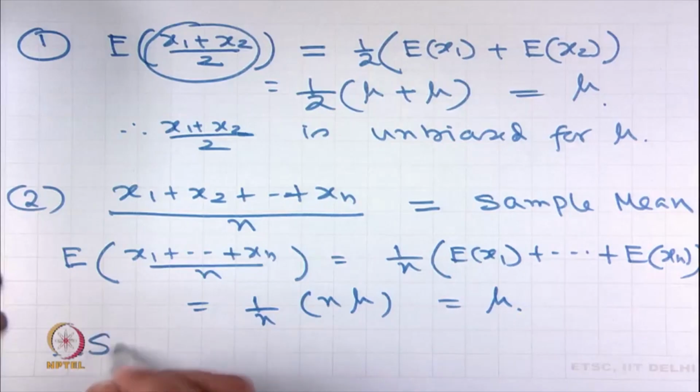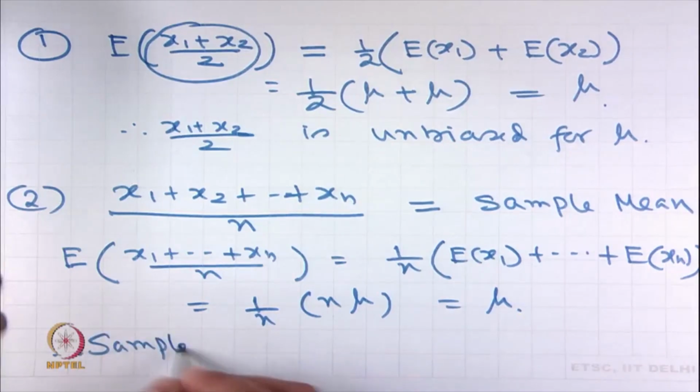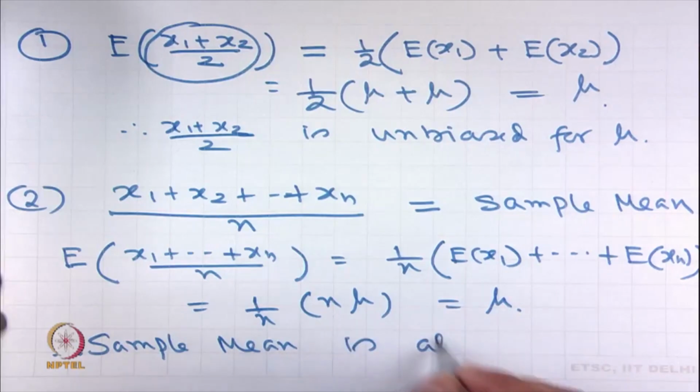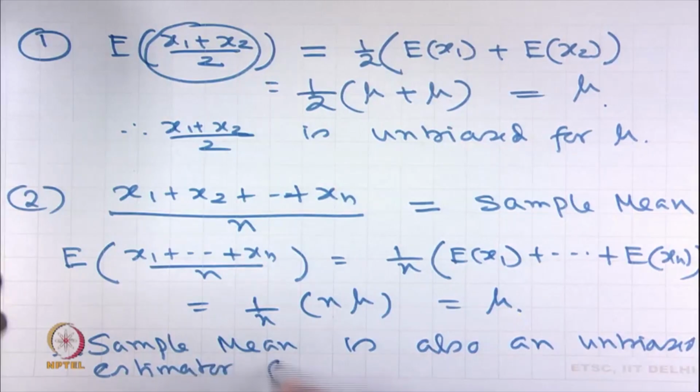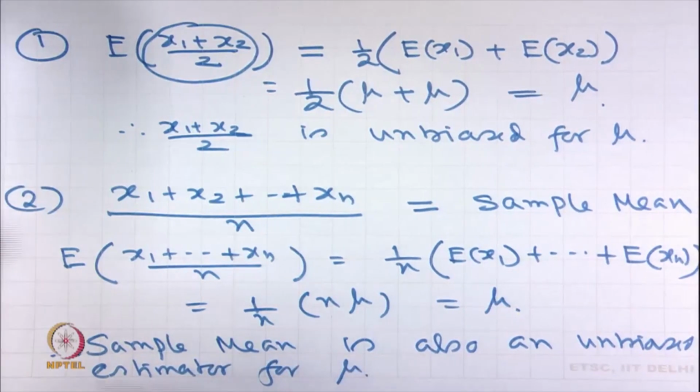Therefore, sample mean is also an unbiased estimator for mu.